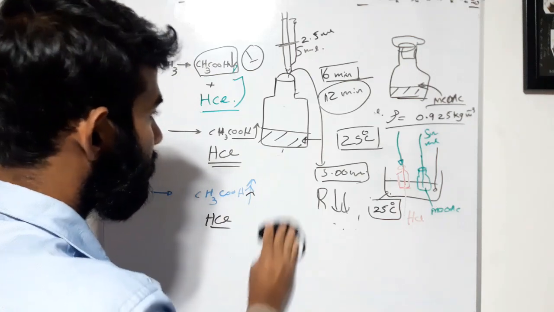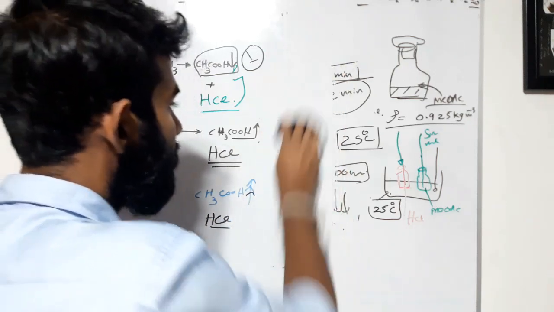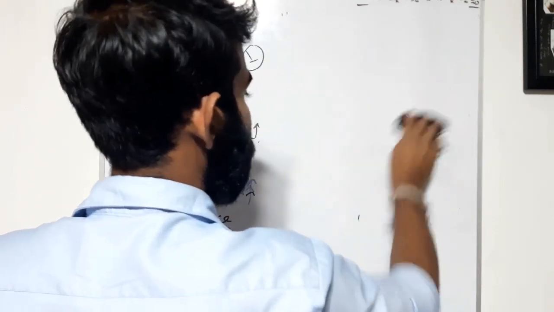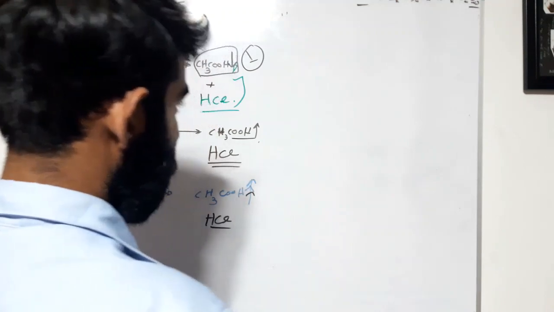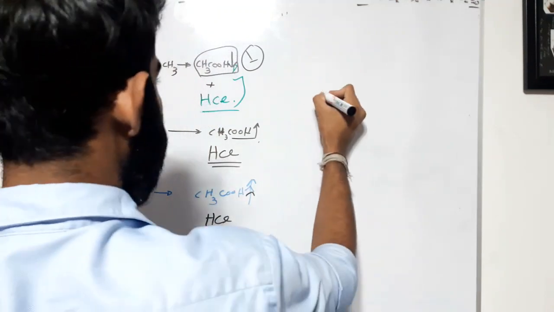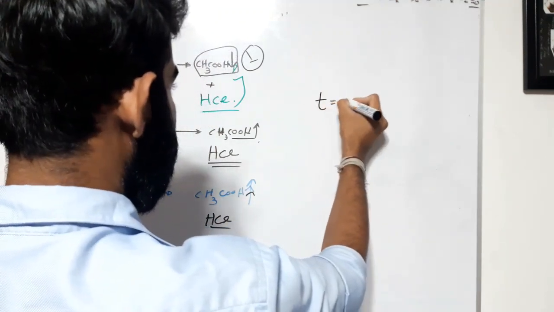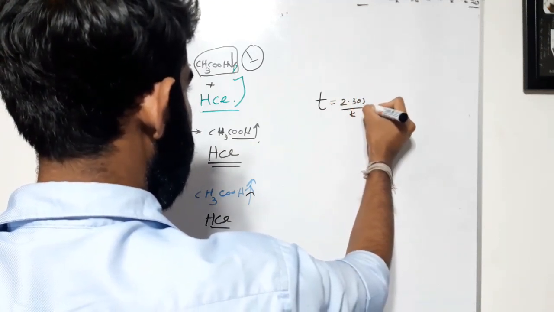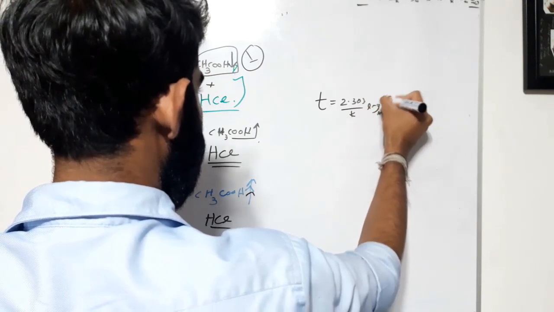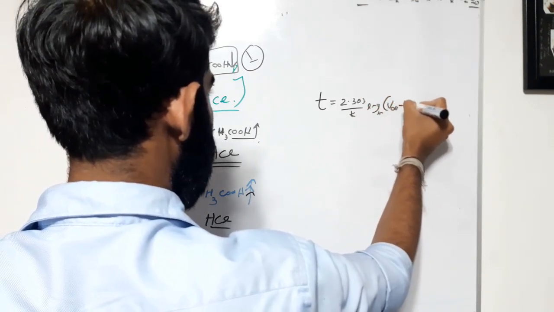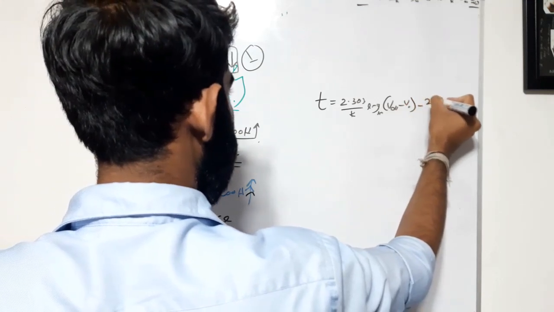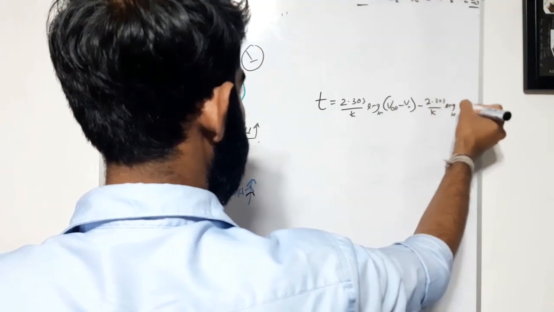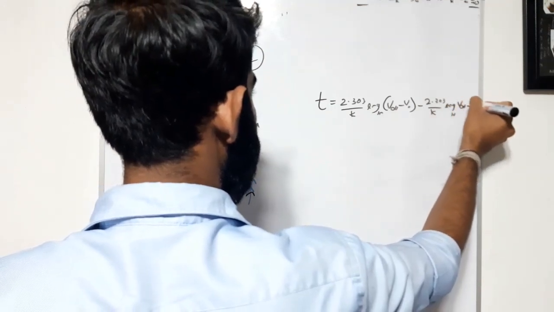So here we have to deal with the equation we have provided: t = 2.303/k log10 (V infinity minus V naught) minus 2.303/k log10 (V infinity minus Vt).